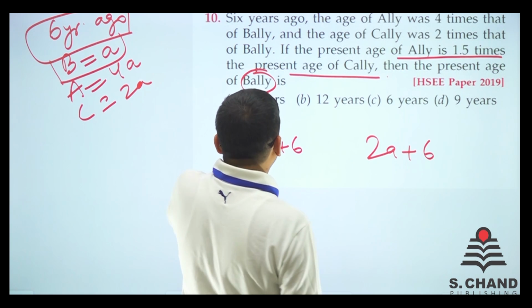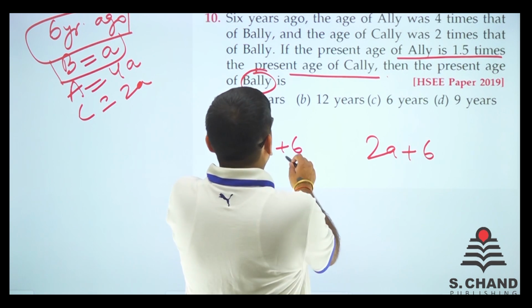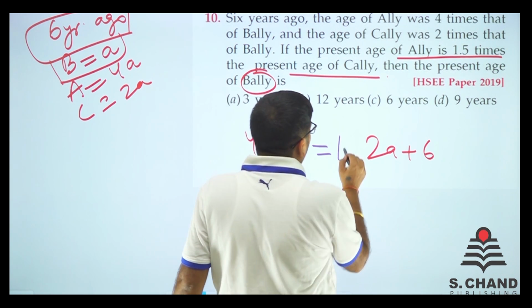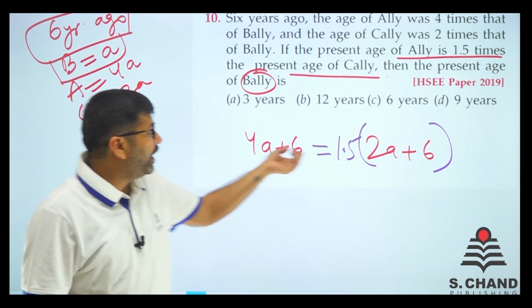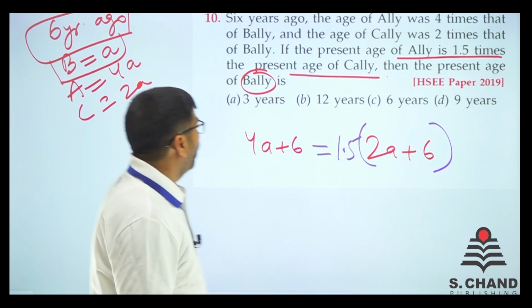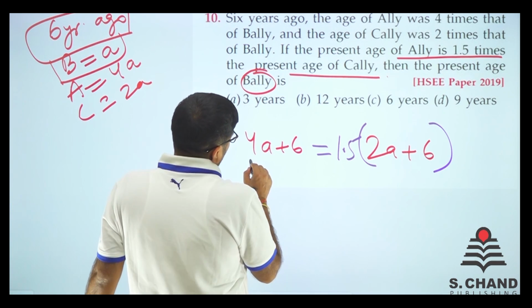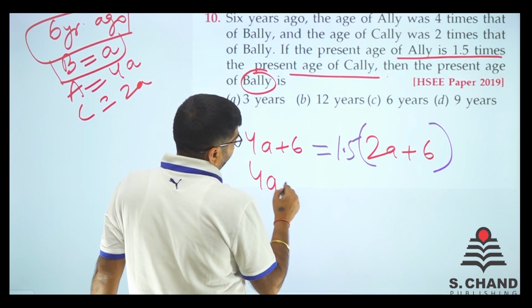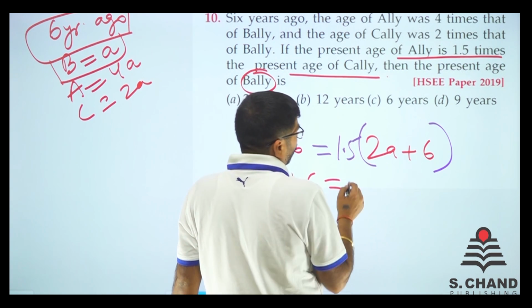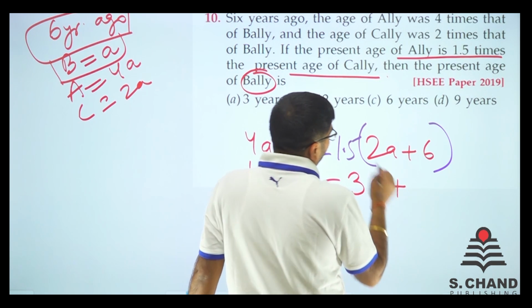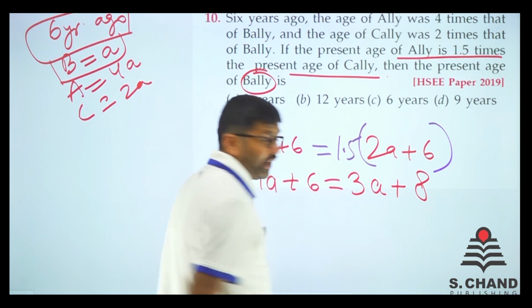Now, Ali is 1.5 times of Cali, right? So, solve this equation first. We get 4A plus 6 is equal to 1.5 into 2A plus 6.